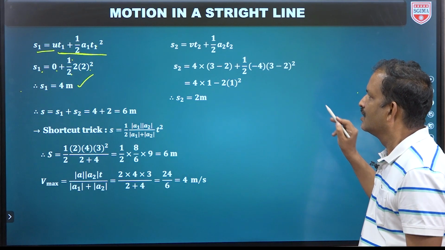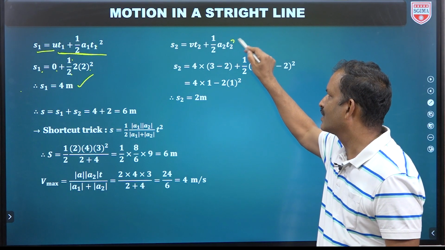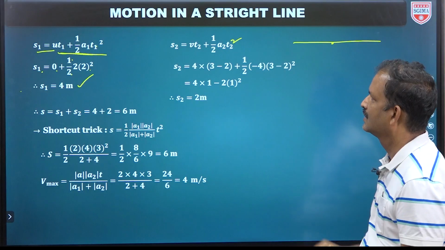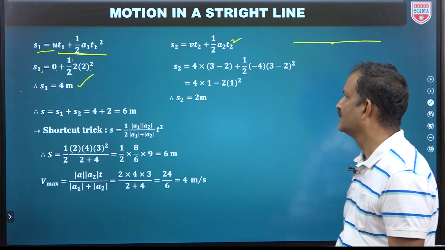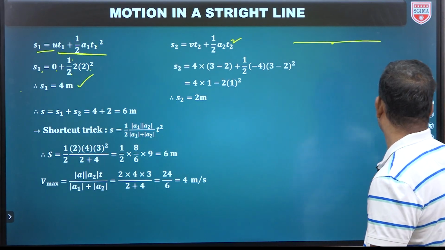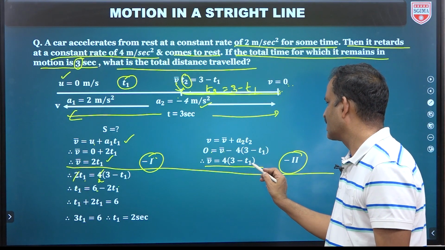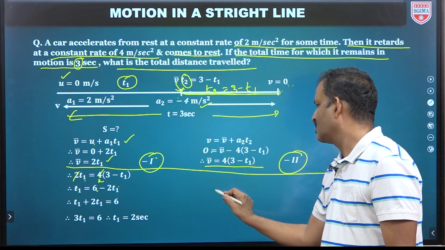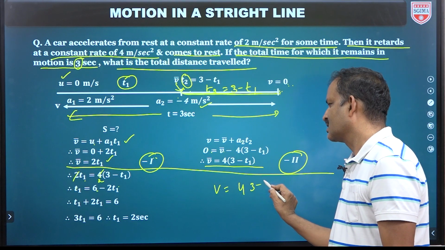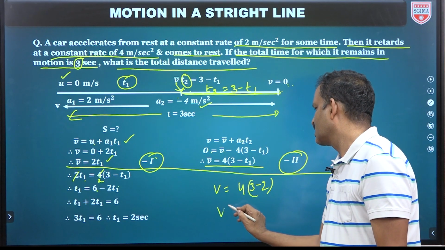Now, s2 is equal to v t2 plus half a2 t2 squared. Here v is this velocity. Before that we got that v is equal to 4 times 3 minus t1. So, the v value is 4 into 3 minus t1, and 3 minus t1 is 2. So, v is equal to 4.